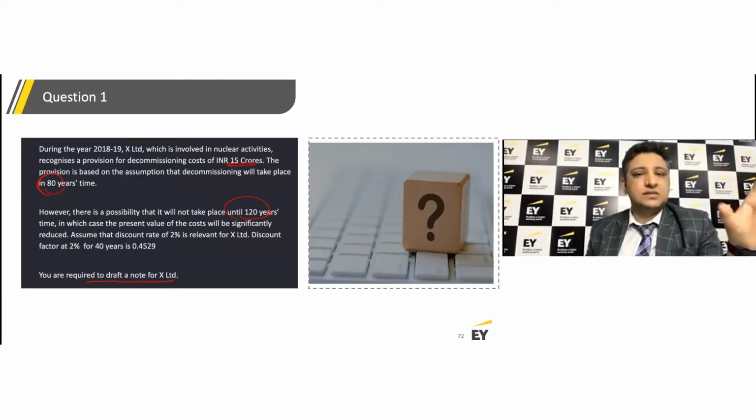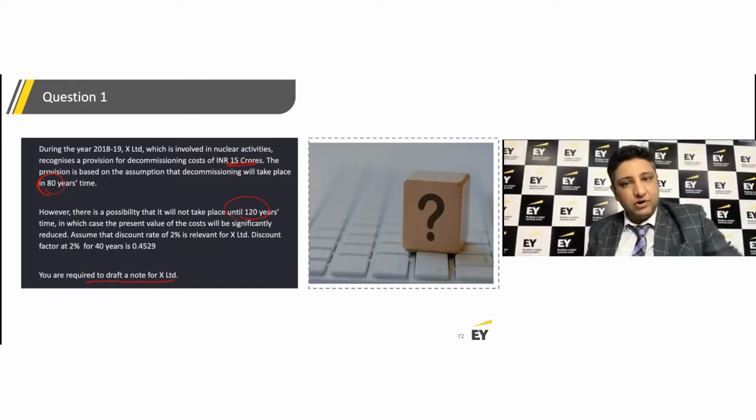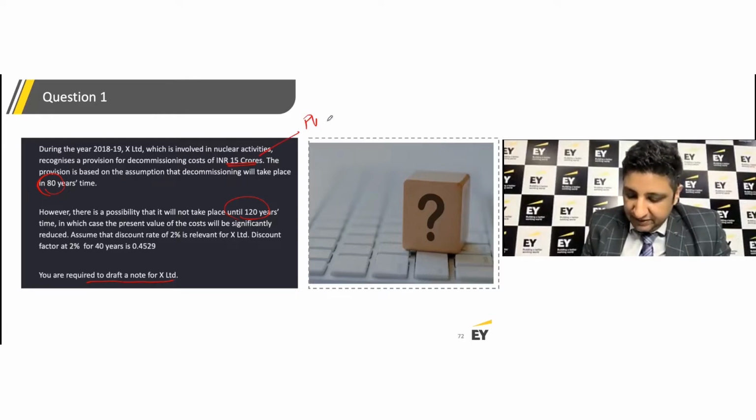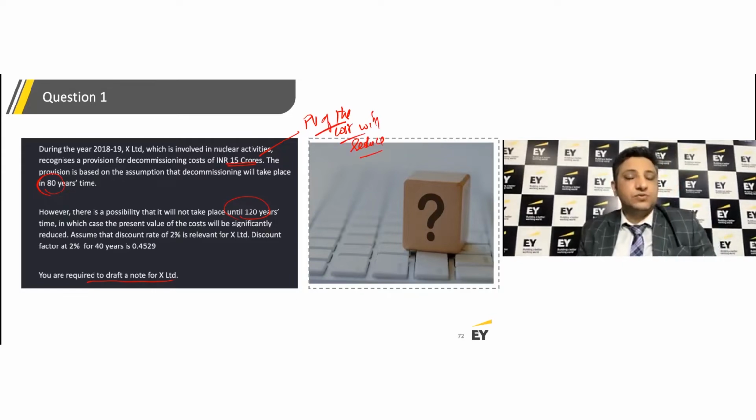The present value of the cost, because the time is delayed by 40 years, will reduce, and this would automatically reduce your provision amount as well. That's a fundamental concept.